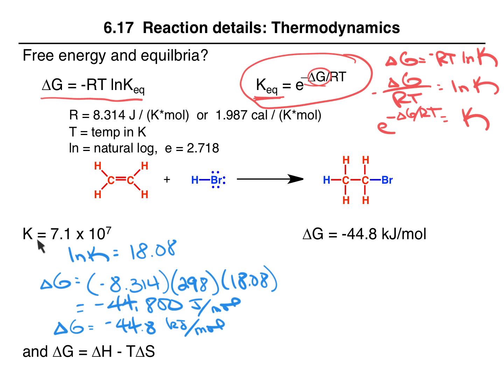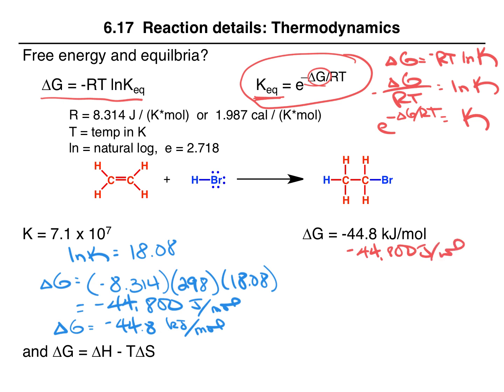Starting with the equilibrium constant, we can calculate the delta G. Alternatively, we could start with the delta G. So if the delta G is negative 44.8 kilojoules per mole, let's convert that to joules per mole because our other terms are in joules. So we have negative 44,800 joules per mole.